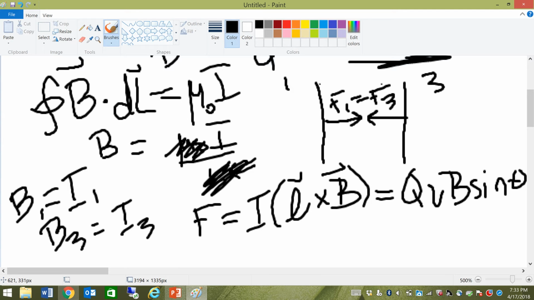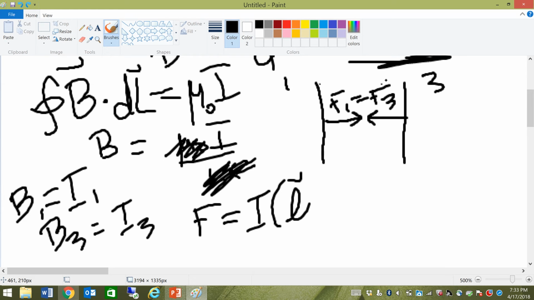So the important part here that we need to look at is B. The magnitude of B needs to be the same for both of these in order to achieve force 1 equal to force 3. Thus, we can assume the following, that I1 is equal to I3.